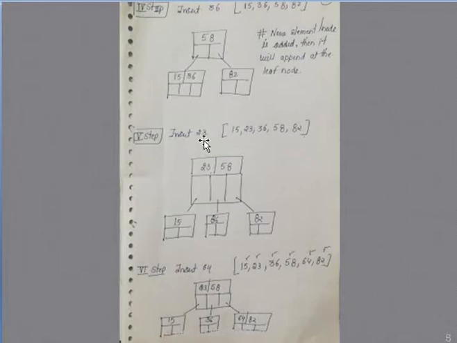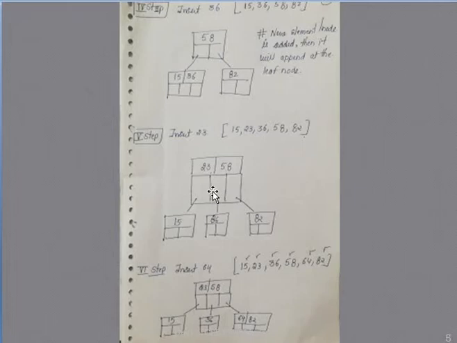Next is 23. If 23 comes, it will come in as a left child. So 15, 23 and 36. Upon inserting 23 at the leaf node, this node will split and 23 will come to the root node position.